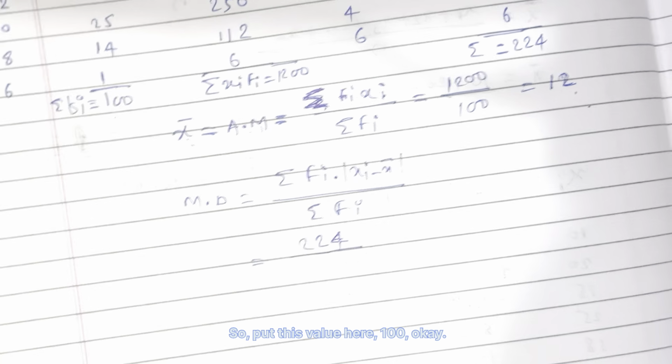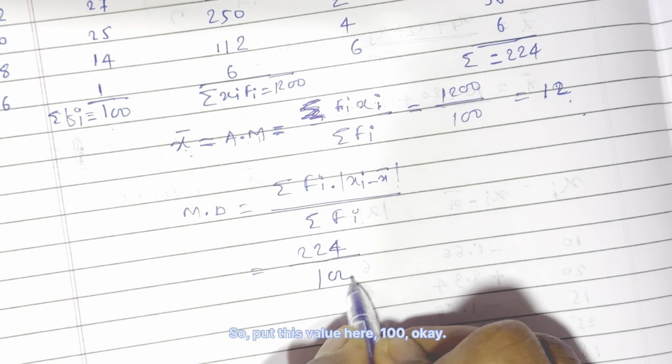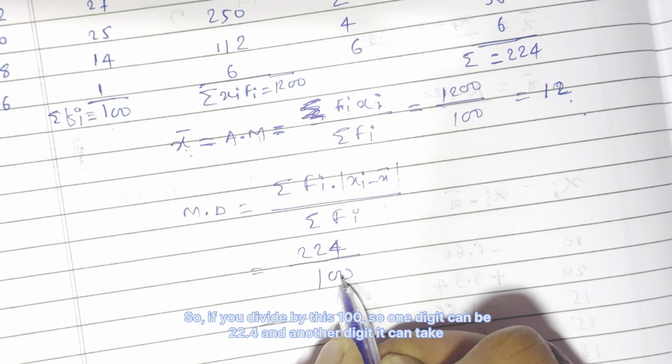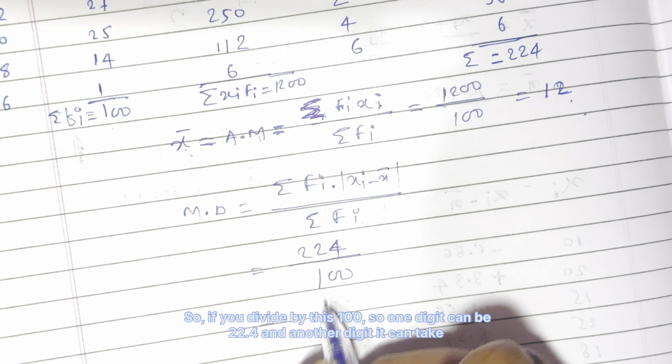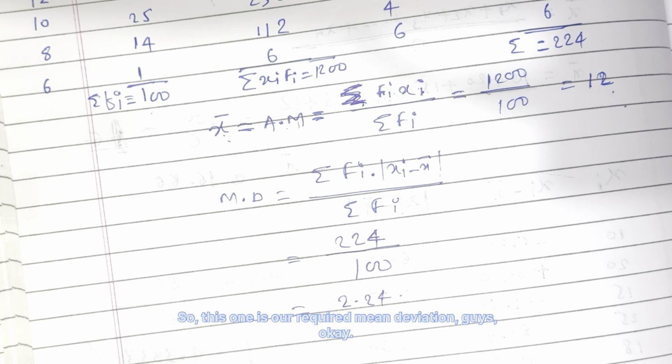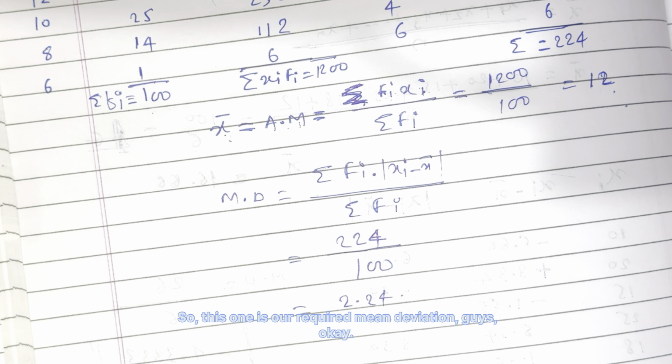Dividing 224 by 100 gives 2.24. So this is our required mean deviation.